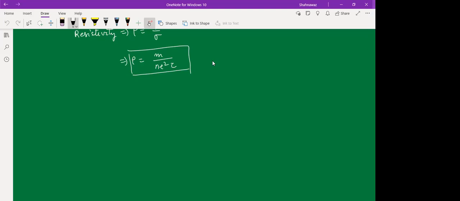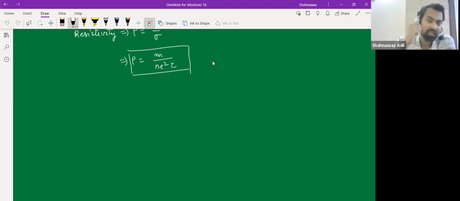Okay, so think of it this way. If I increase the temperature, then the kinetic energy of those electrons will increase, right? So they will move faster and faster, and they will continuously collide. Before the increase of the temperature, they were colliding and taking some time, right? But we increased the temperature, so we increased the kinetic energy.